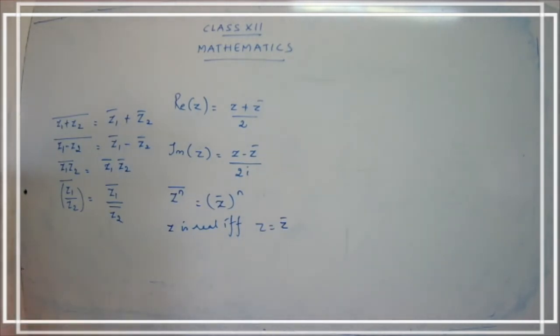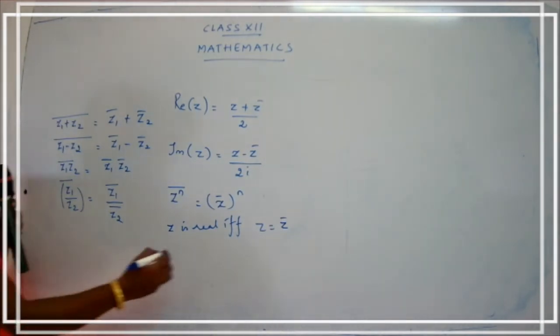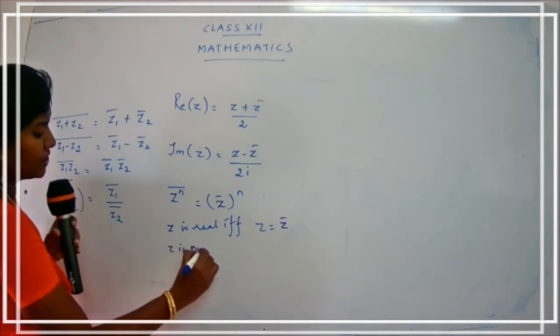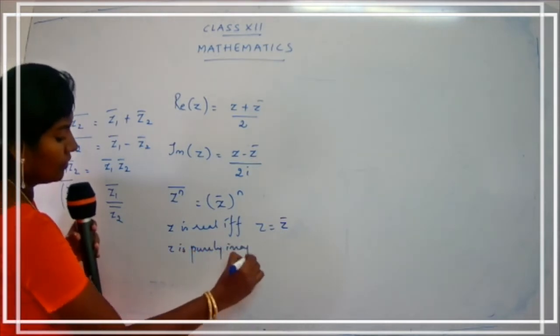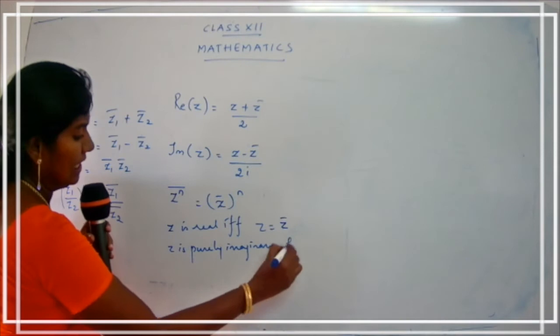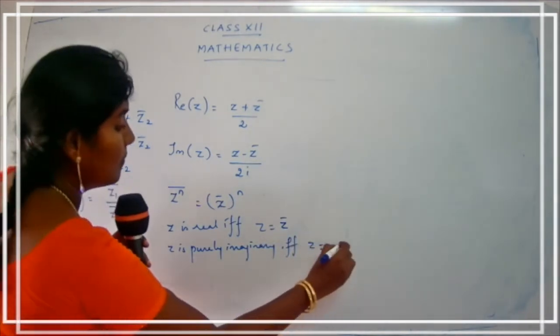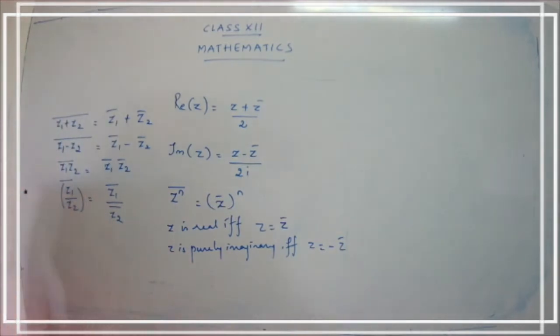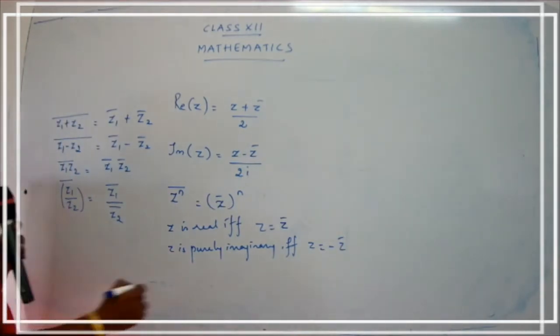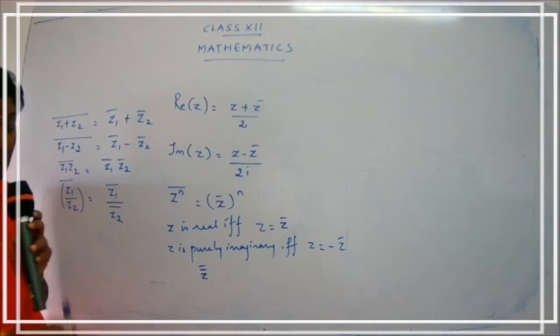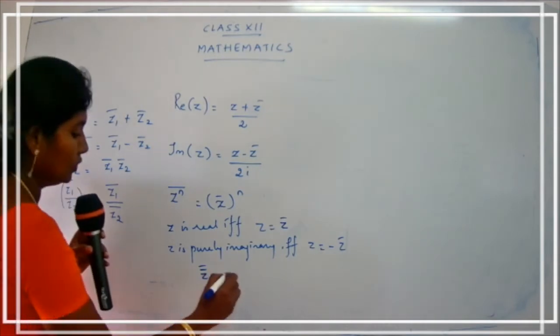And when is Z purely imaginary? Z is purely imaginary if and only if Z is equal to minus Z conjugate. And the last one we have seen, Z double conjugate: the conjugate of a conjugate is equal to Z.